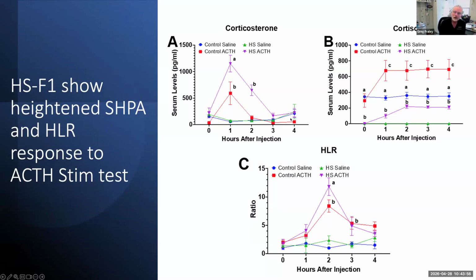And what we saw in the offspring of the heat stressed parents is that they had an exaggerated ACTH response, or cort response to the ACTH, not only in the cort response, but also in the heterophil to lymphocyte ratio, which is another indicator of acute stress, indirect. So that was very, very interesting. And we have actually shown this exaggerated ACTH response 3 times now in different studies related to heat stress. So very, very cool.